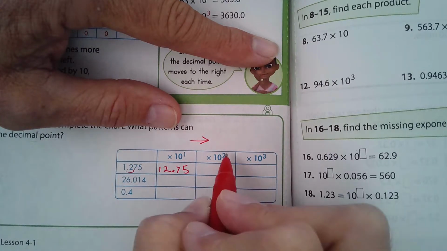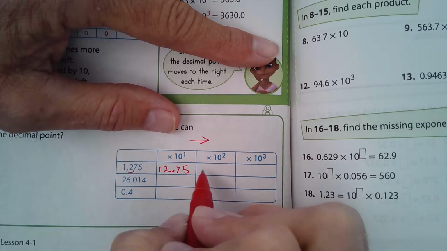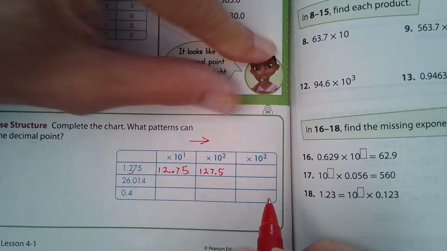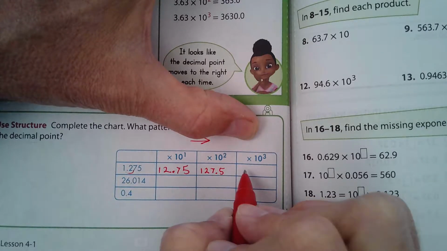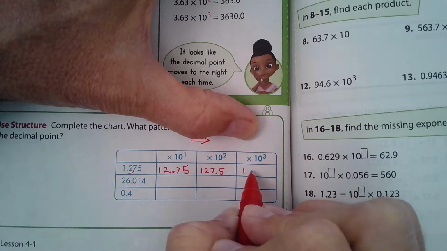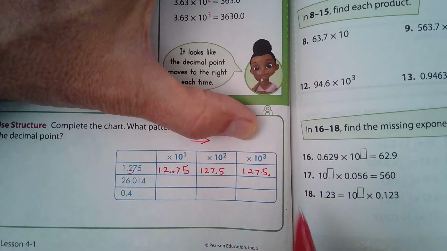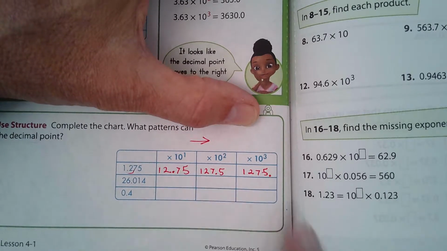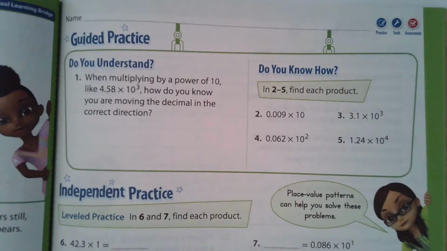Now I'm moving it two places, so now it's 127.5. Now I'm moving it three places. It's going to be 1,275, and I'll just put the decimal right there at the end. I want you guys to finish that on your own. Okay, hang on with the questions. All right, next page.